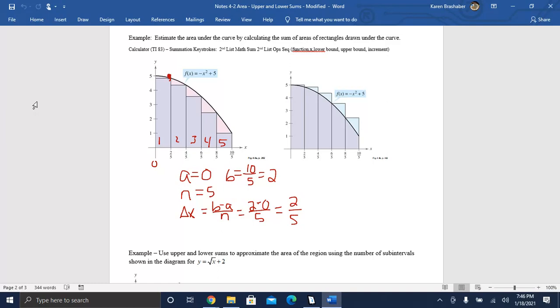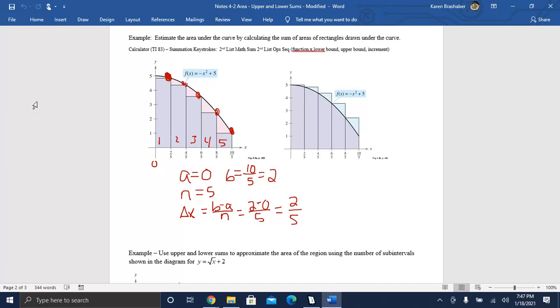And because I chose a function that continually decreases, that is actually the case for each one of these rectangles. The right end point is on the curve. So if I wanted to know how tall that number 1 rectangle is, it would be whatever the y value of this ordered pair on the corner would be.